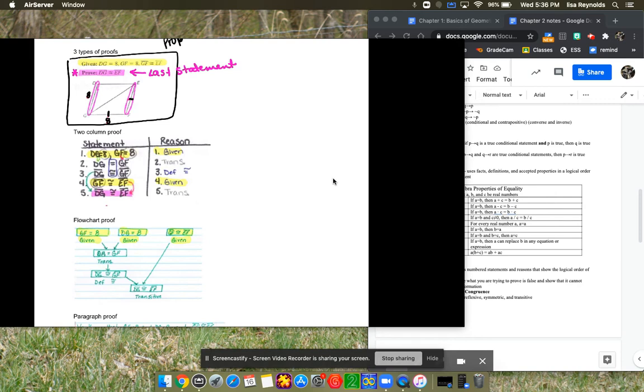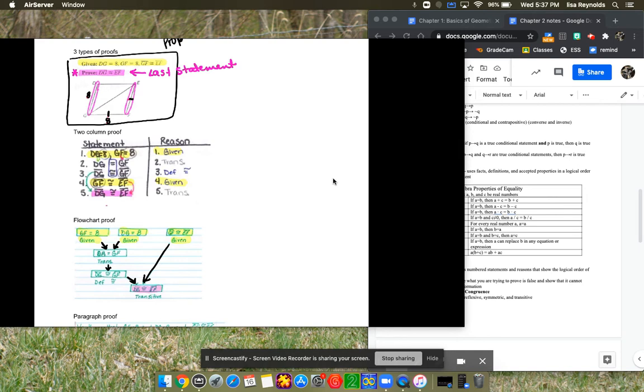And then I draw arrows saying what they can lead me to. So my two pieces of given information with the equal 8 give me a new statement. That particular statement, using the definition of congruent, can give me another statement. And then my third piece of given with my newest statement will get me to what I am trying to prove.